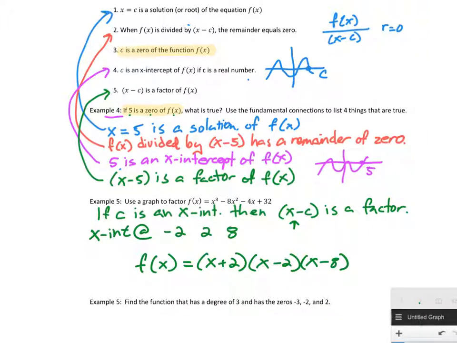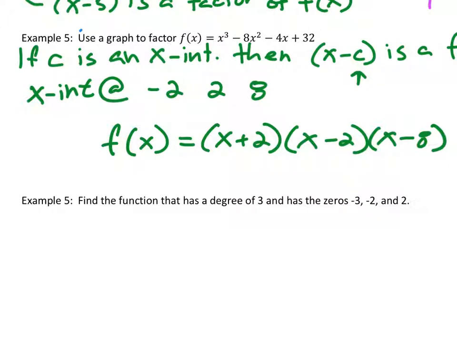All right, another way we can use this is like what we're going to do in example 5. So find the function that has a degree of 3 and has the zeros negative 3, negative 2, and 2. So we know that if c is a 0, then x minus c is a factor.